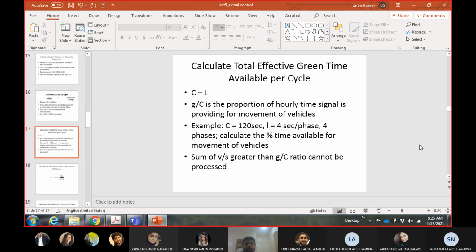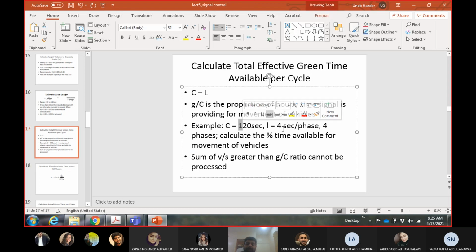The proportion of time from the hour in which the movement of vehicles is allowed, or provided. So for example, if you have a cycle length of 120 seconds and lost time of 4 seconds per phase, and you have 4 phases, so each phase has a lost time of 4 seconds. So 4 phases means 4 into 4, 16 seconds, right?